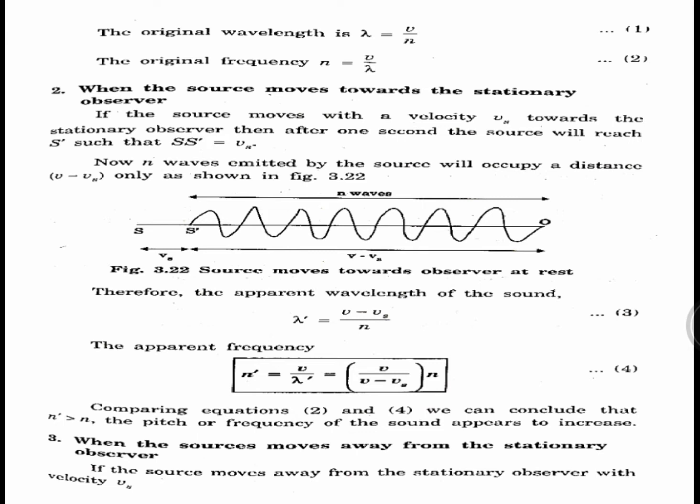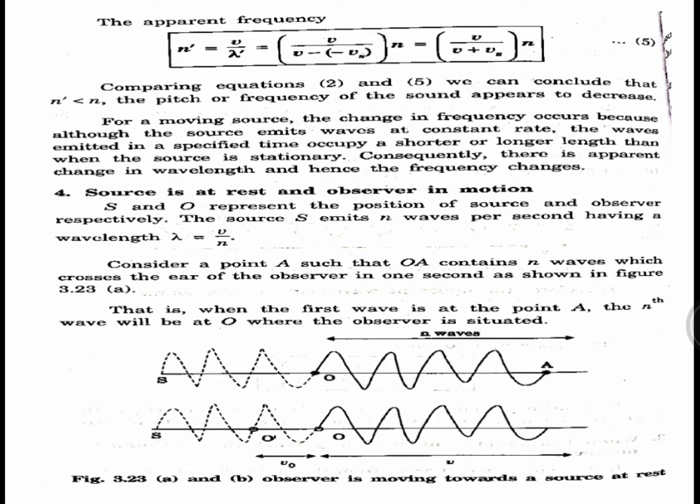Condition 3. When the source moves away from the stationary observer with velocity Vs, the apparent frequency N dash is equal to V by lambda dash, which is equal to V divided by (V minus of minus Vs) into N, that is equal to V divided by (V plus Vs) into N, equation 5.